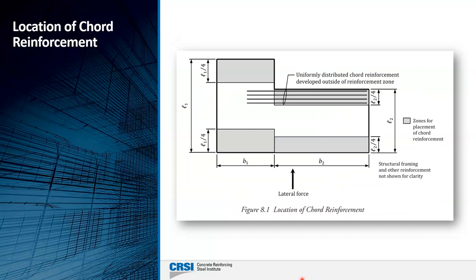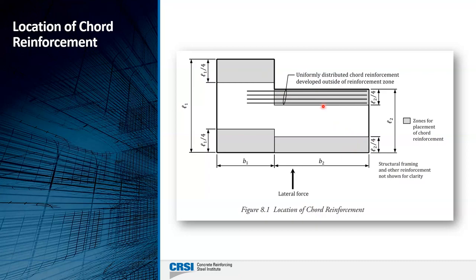Now, just to note, ACI 318 does allow you, instead of concentrating the reinforcement just at the edge of the diaphragm, to uniformly distribute chord reinforcement within the gray areas that are shown in this particular figure. So you can do that.